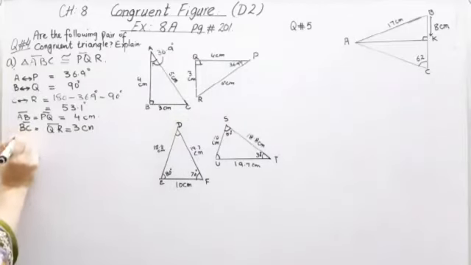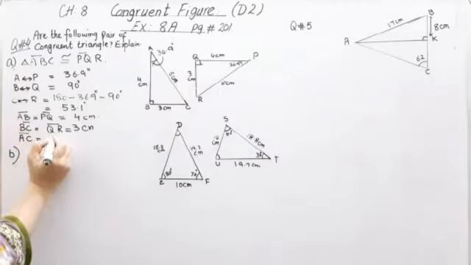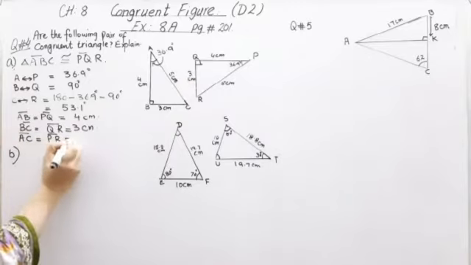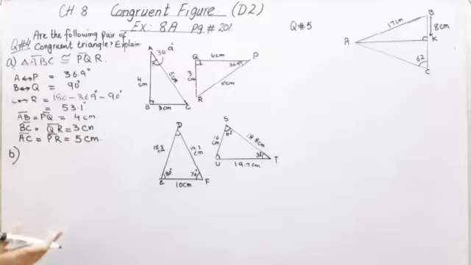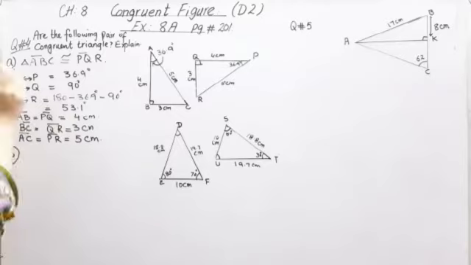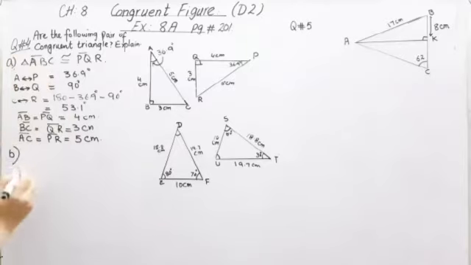BC and AC is equal to PR, and they will be 5 centimeters, and this is our solution. Hence they are congruent because each angle and side are equal with each other. So B part is the same.